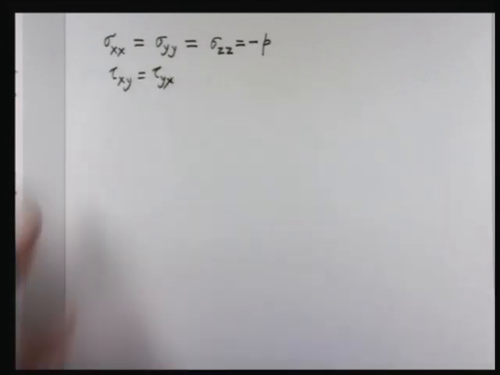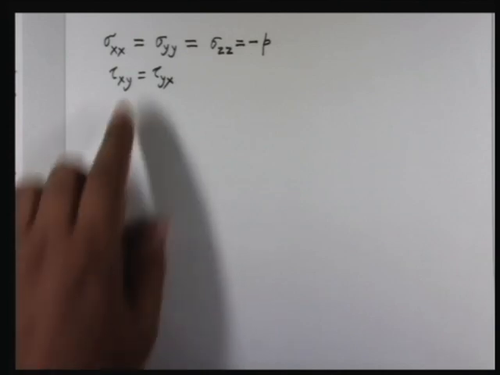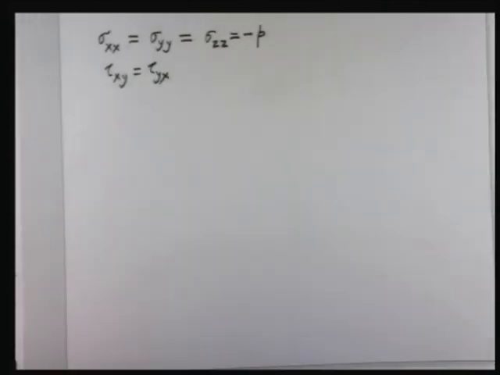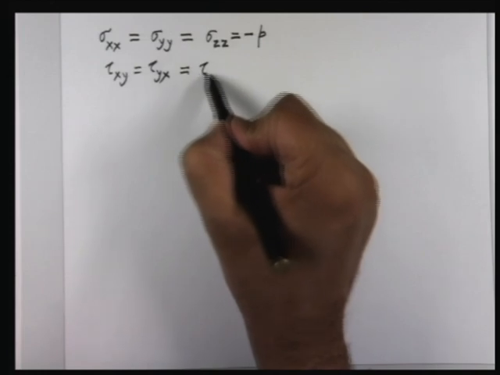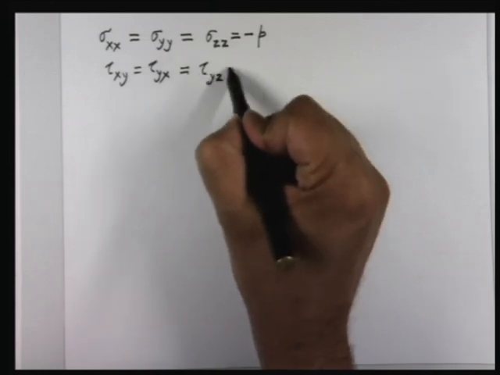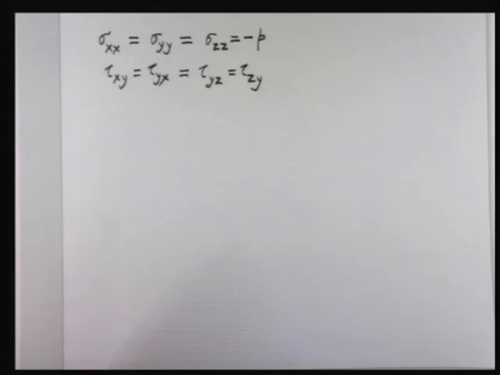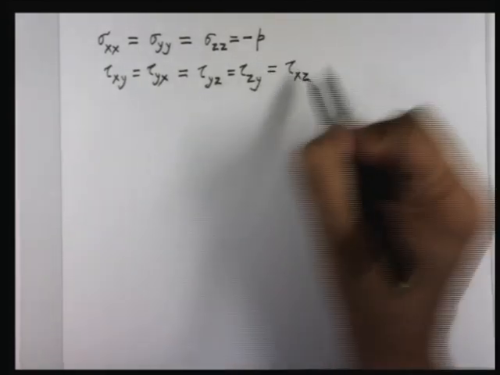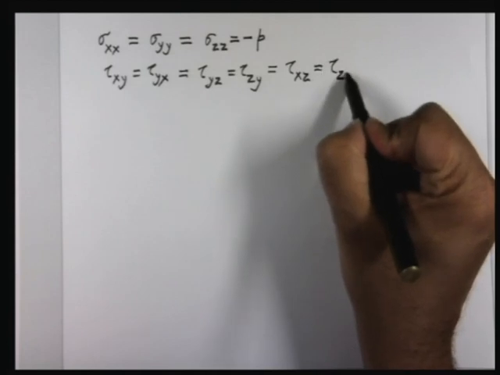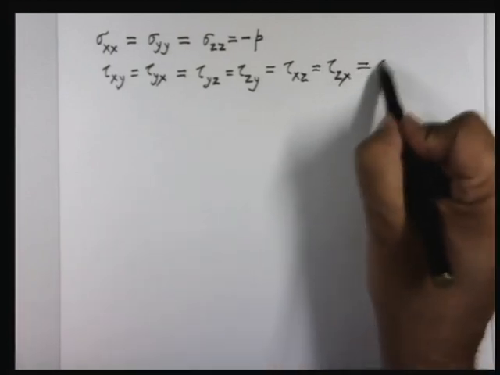Now of course later we will show that for a Newtonian fluid, even if the fluid is deforming, this is still true, that is the stress tensor is symmetric. This will be equal to 0, and similarly tau yz, which is going to be equal to tau zy, this also is going to be 0. Likewise tau xz and tau zx, they are all going to be 0.